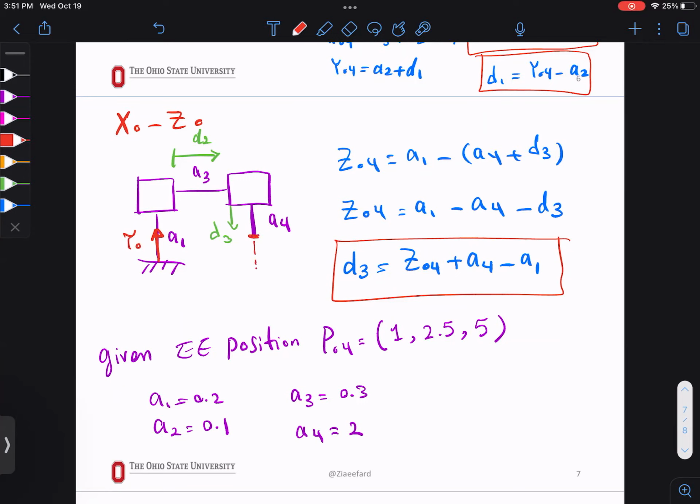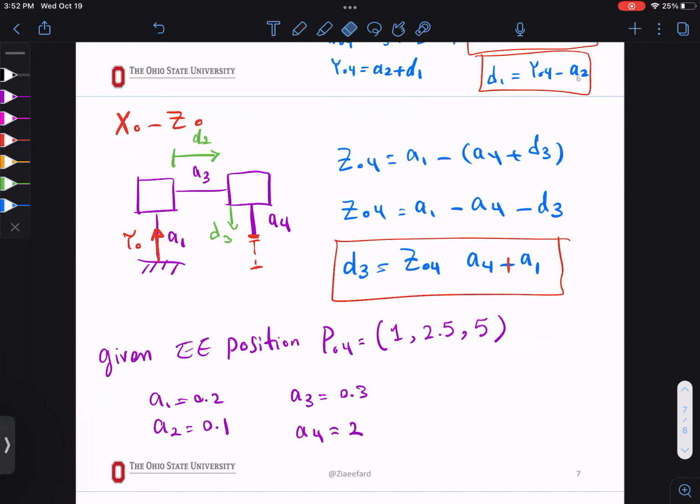I'm talking about, so you have Z04 equals A1 minus A4 minus D3. You solve for D3. This is negative. Oh, okay, so my math has a problem. So D3 goes that way, and then this becomes negative. This is positive, isn't it? That's what you mean? Yeah.